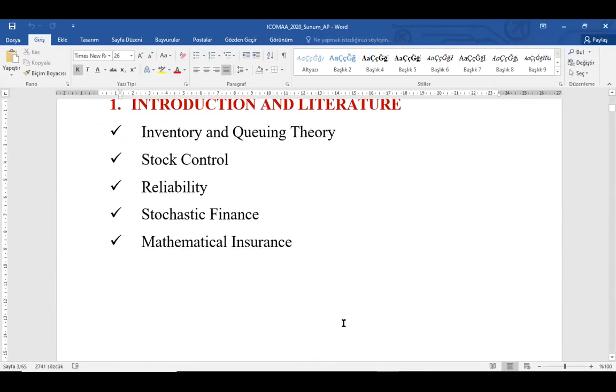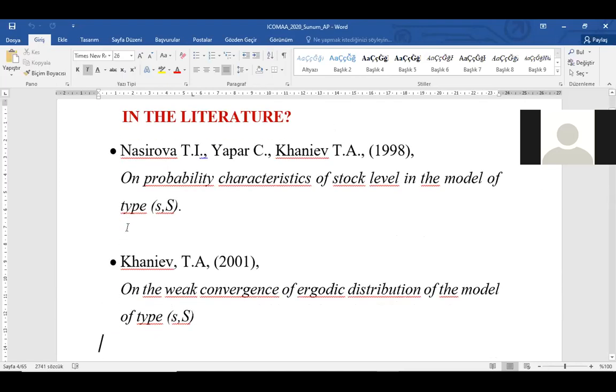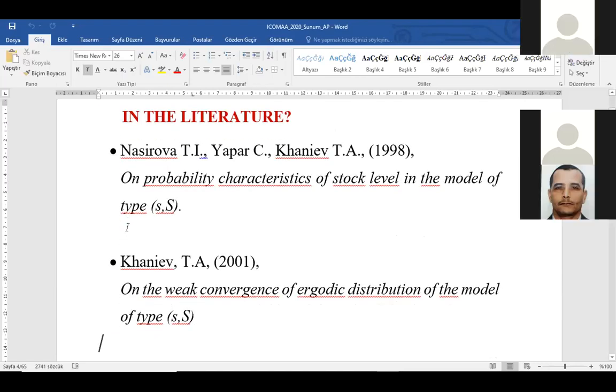My presentation is about stochastic processes and their applications. Stochastic processes are used in inventory, queuing theory, stock control, reliability, stochastic finance, and other fields. In the literature, there are many valuable studies about these topics.